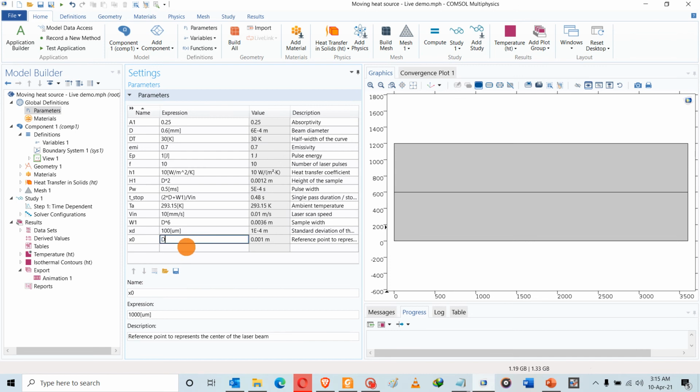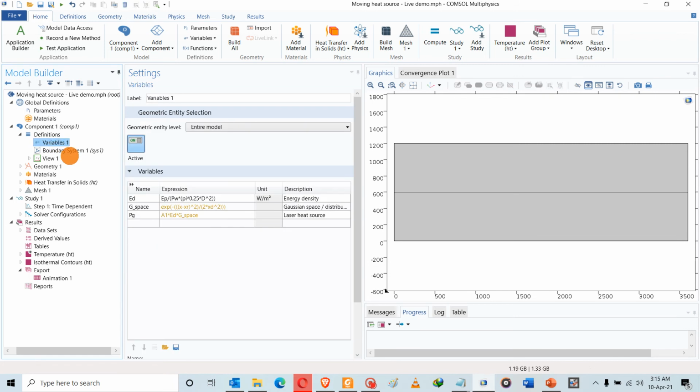Let's make that D. It's going to start at minus D, outside the sample, minus diameter. Of course, this is 0, this is the negative side. Then we're going to change XR to something else.